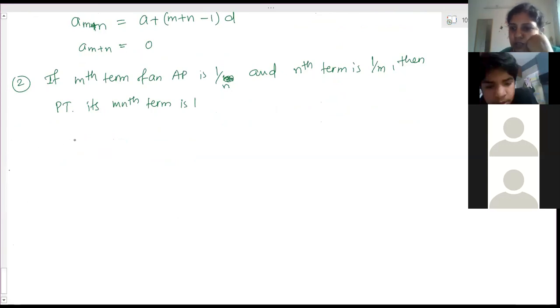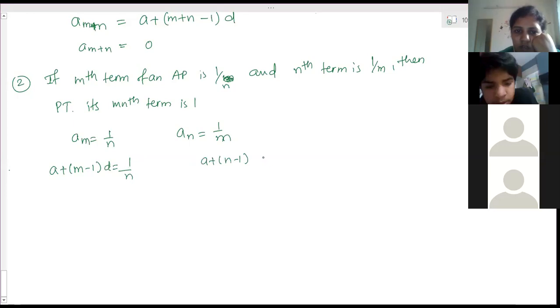The mth term is represented as a plus m minus 1 into d, which is equal to 1 by n, and the nth term, a plus n minus 1 into d, is equal to 1 by m. So write the two formulas and open the bracket. These are the two linear equations we have to solve.